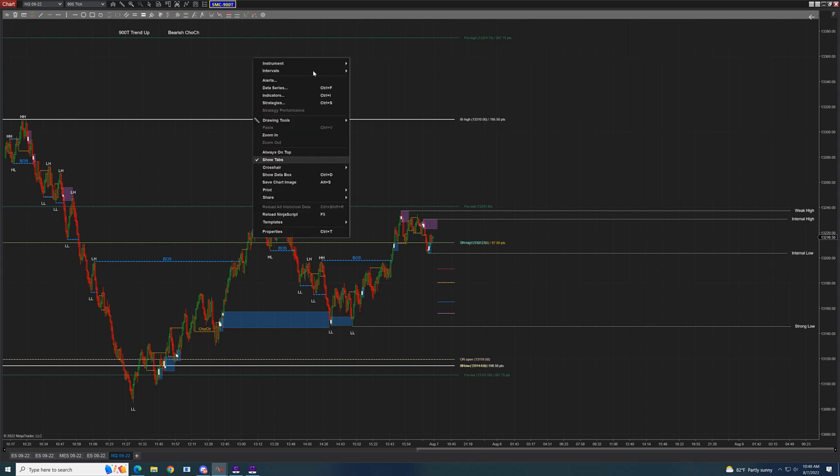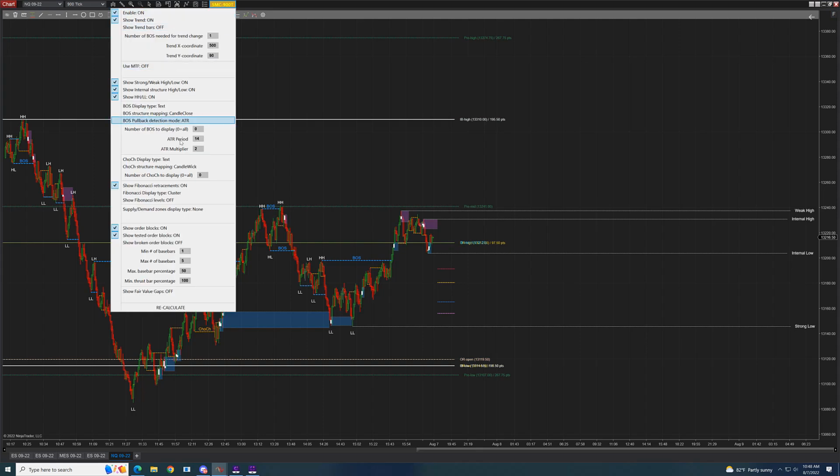The criterion, in addition to that pattern that we're looking for, let's go look at it in the indicator. If we are showing order blocks, right now I've got tested order blocks on, and we'll circle back to showing broken order blocks. While you're going to see a lot of examples of order blocks that held, there are certainly going to be order blocks that are broken.